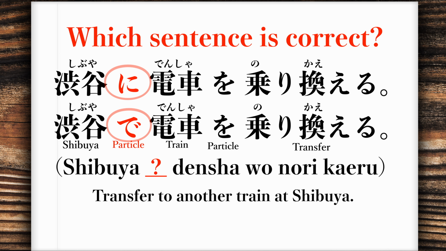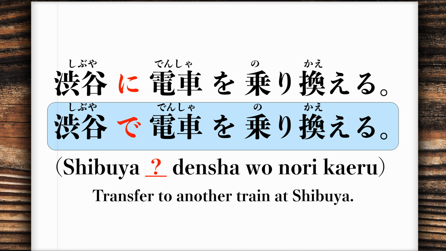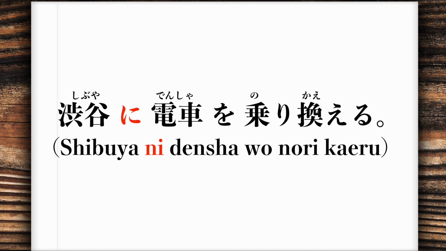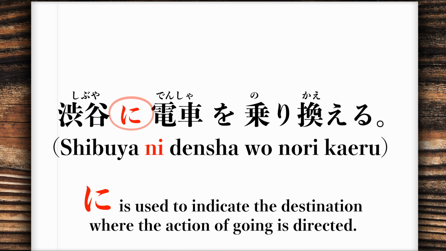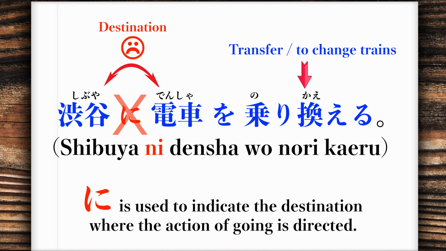Can you identify which sentence is correct? 渋谷に電車を乗り換える。渋谷で電車を乗り換える。In the first sentence, に is used before 渋谷 to indicate the destination. However, the verb 乗り換える, meaning to transfer or to change trains, typically does not take に because it sounds strange to specify a destination in this context.